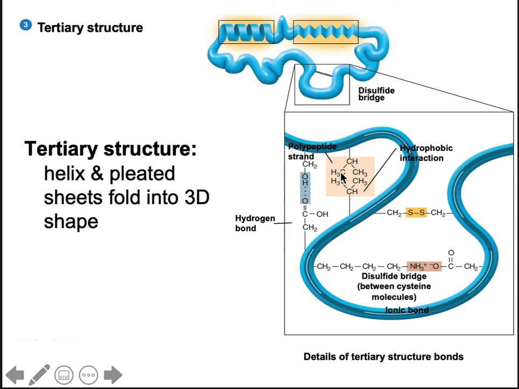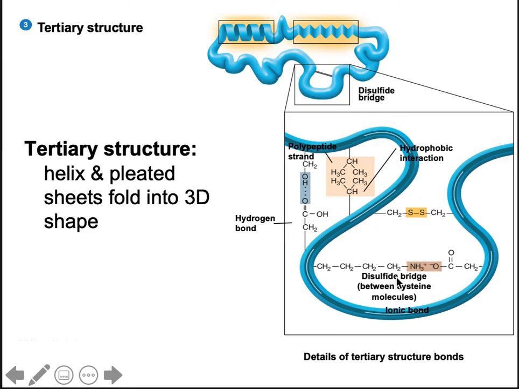You have a hydrophobic interaction happening here between the side groups of different amino acids. Here you get that super strong disulfide bridge that I was mentioning earlier. And then here you have a positive and a negative charge interacting.